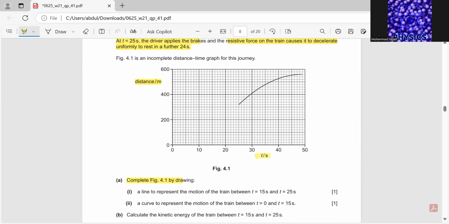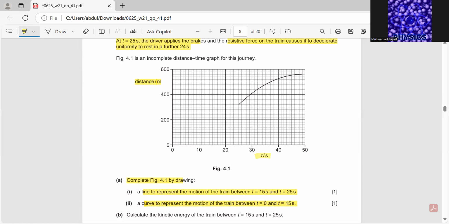It's a distance-time graph. Very important: a line to represent the motion of the train between t equal to 15 and 25 seconds, and then a curve to represent the motion of the train between t equal to 0 and t equal to 15 seconds.